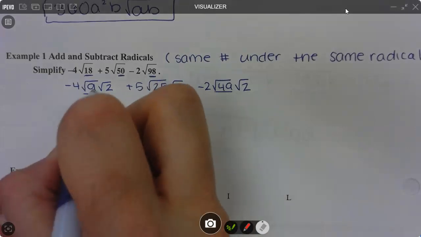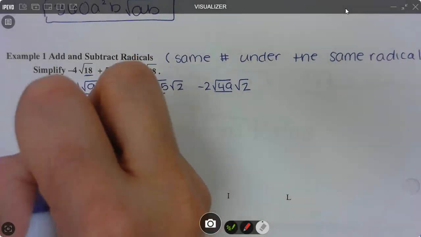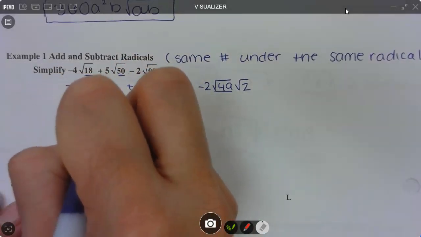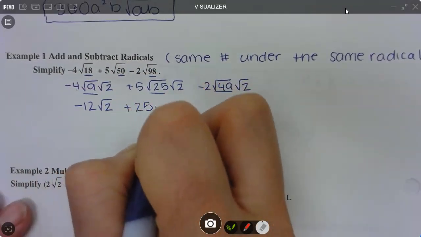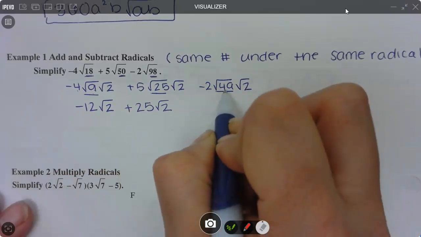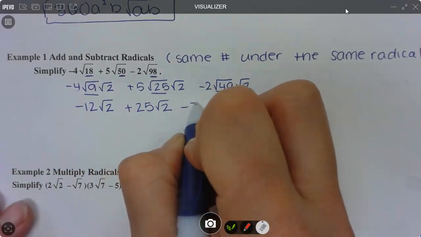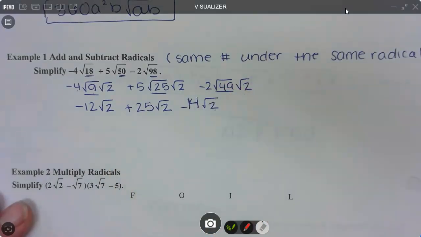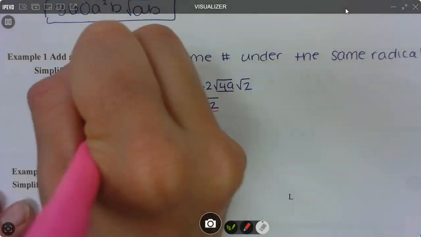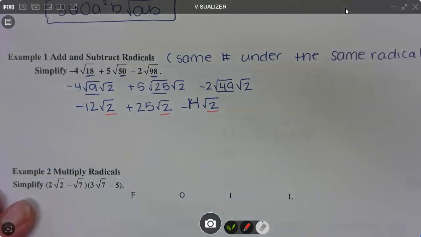So square root of 9 is 3. 3 times -4 is -12. Square root of 25 is 5. Square root of 49 is 7. Now all of the values under the radical are the same.